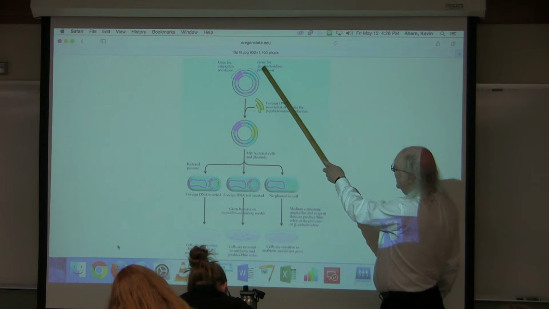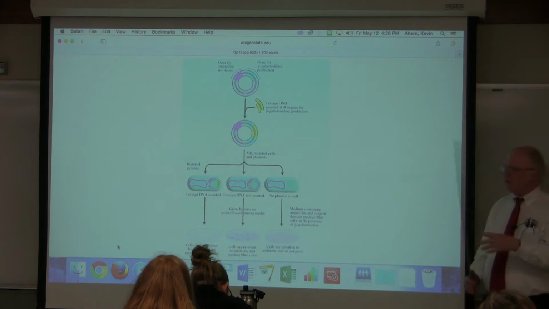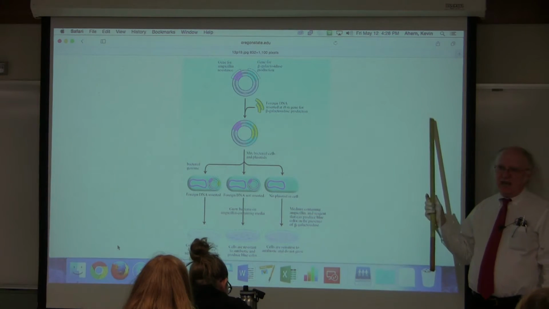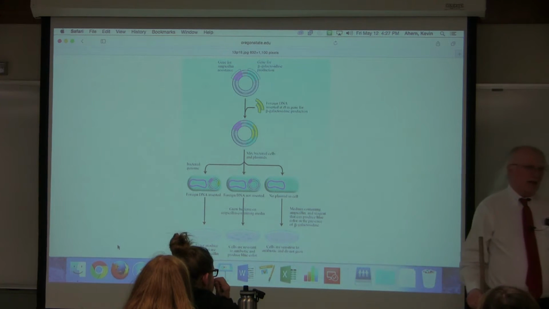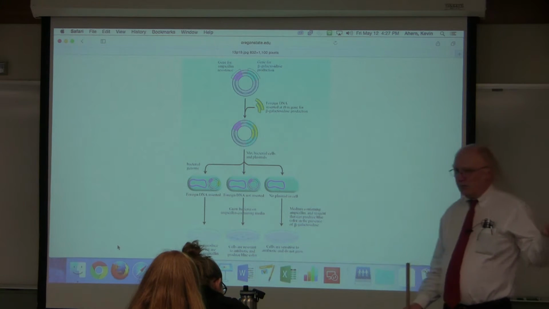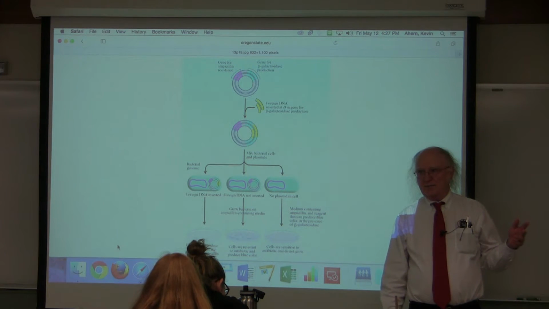If I take this plasmid with the coding for the beta-galactosidase gene and put it into bacteria, and I give the bacteria X-gal and an antibiotic, what would I see? First of all, only the bacteria that got the plasmid would grow, because the ampicillin would ensure that.